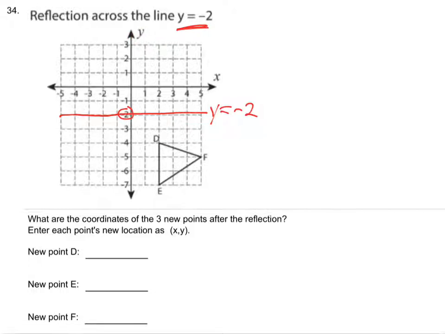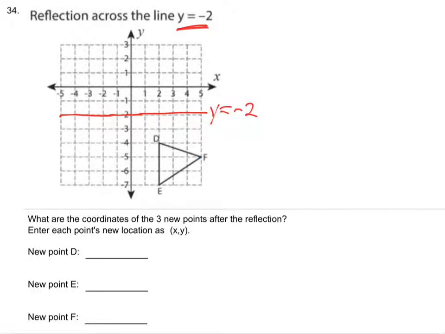Okay. So now, let me get rid of that. So now I'm going to reflect the points across that line. So every point is going to reflect right straight across that line, same distance to the other side. Let's go alphabetical.